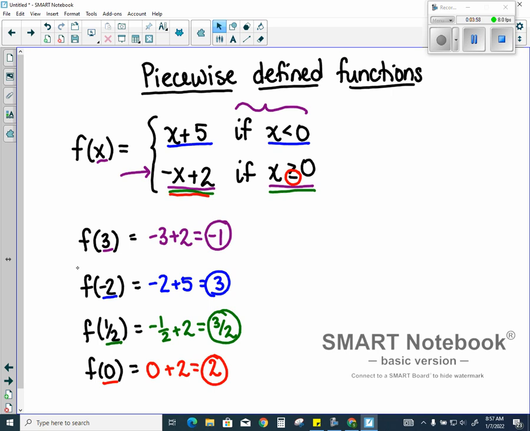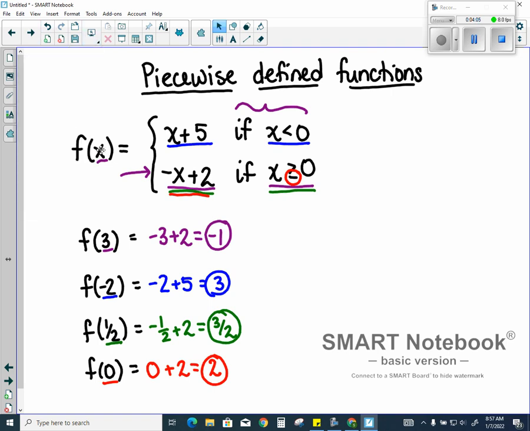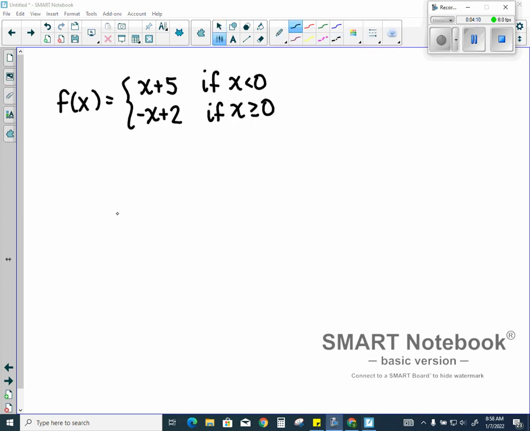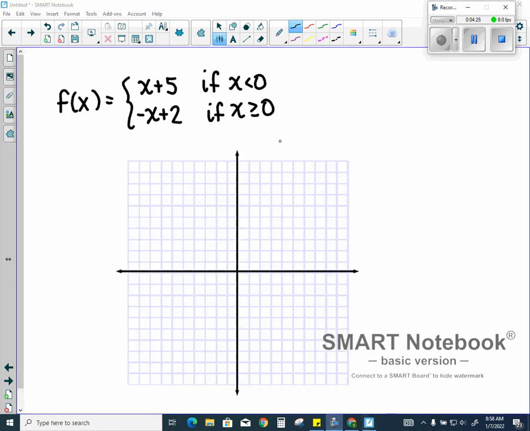Now, if I want to draw a picture of a piecewise defined function, if I want to draw a graph of this function, I'm going to draw the graph of each of these expressions.